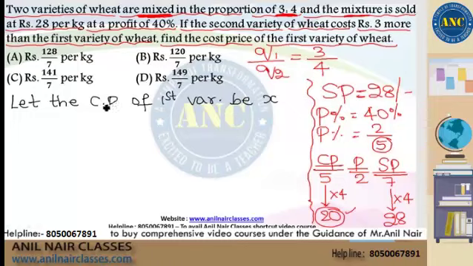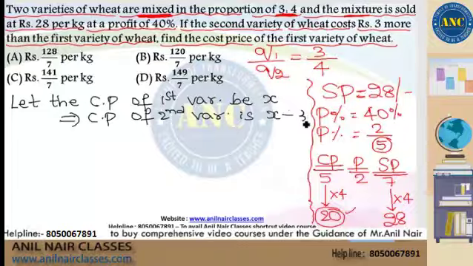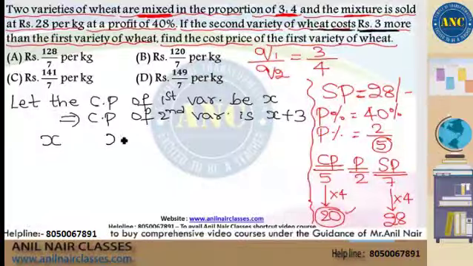Because if the cost price of first variety of wheat is x, then this means that cost price of second variety of wheat is 3 rupees more than x. It is given in the question. Second variety of wheat cost 3 rupees more than first variety. So it is x plus 3. That means, can I say that first variety cost price is x, second variety cost price is x plus 3.